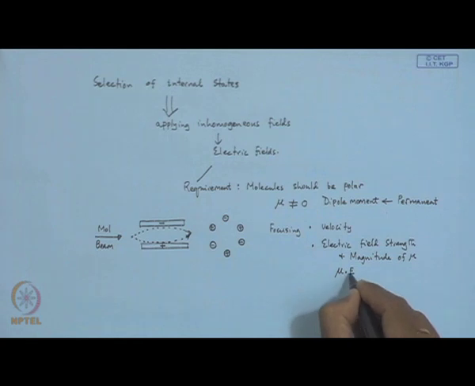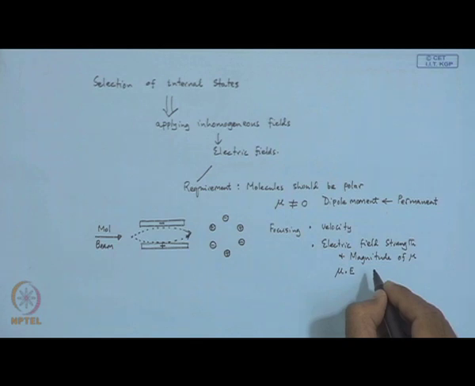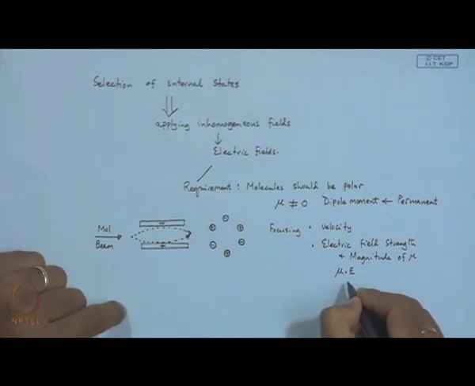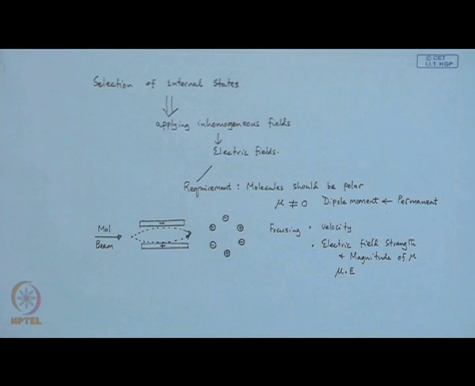Basically mu dot E means mu E cos theta, the component of the dipole moment along the field. So it is a dot product. The energy change as a result of this interaction of the dipole moment with E is given by mu dot E. Originally energetically degenerate levels are now not degenerate as a result of this interaction.